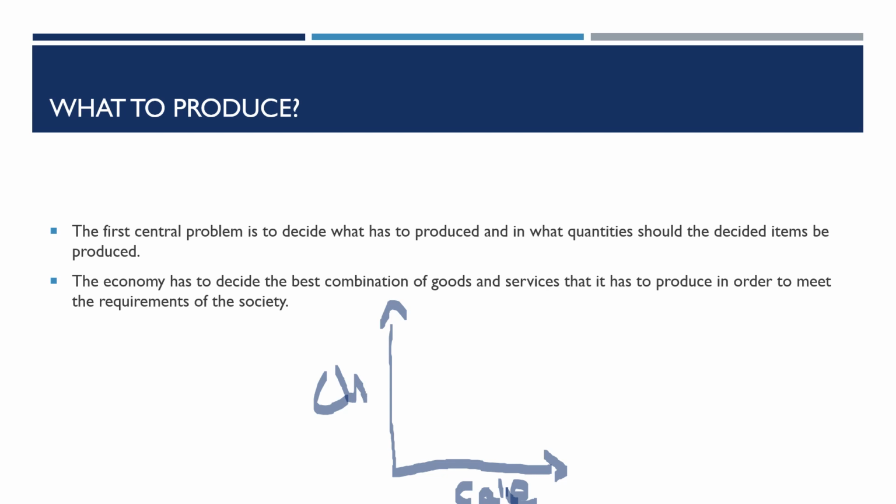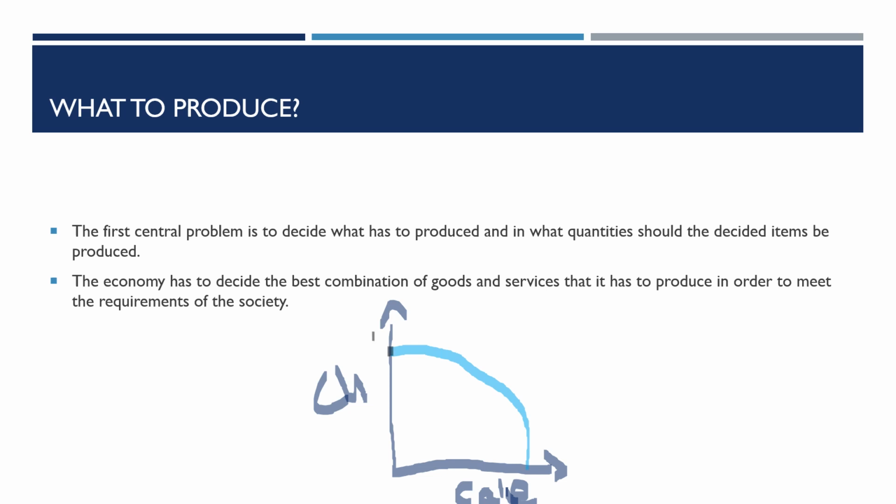Now let me draw the production possibility curve. This curve shows the different combinations in which chocolate and cake can be produced. Now let me mark different points.